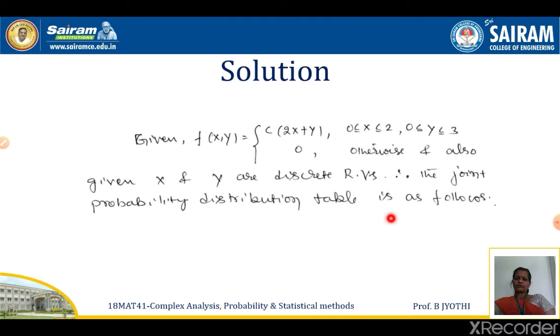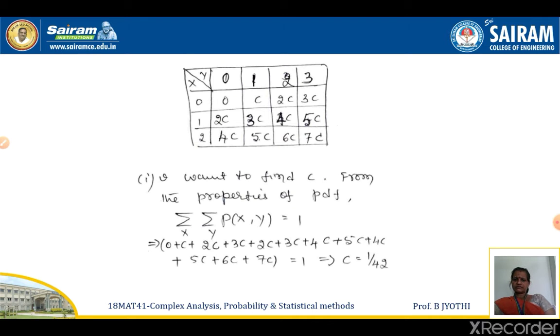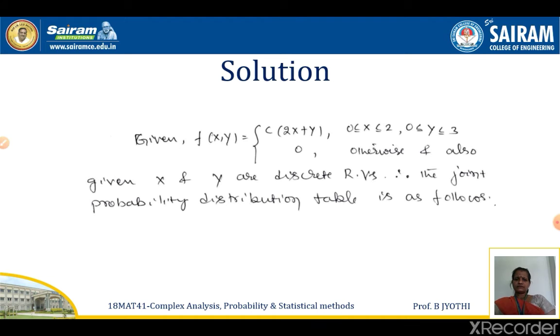Therefore, the joint probability distribution table is as follows. We can draw the joint probability distribution table. You can see x values are 0, 1, 2 and y values are 0, 1, 2, 3. Why? Because x is varying between 0 to 2, y is varying between 0 to 3.